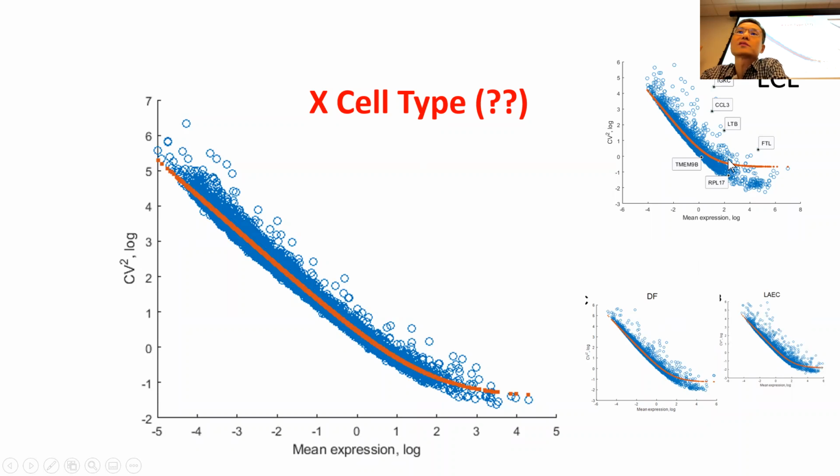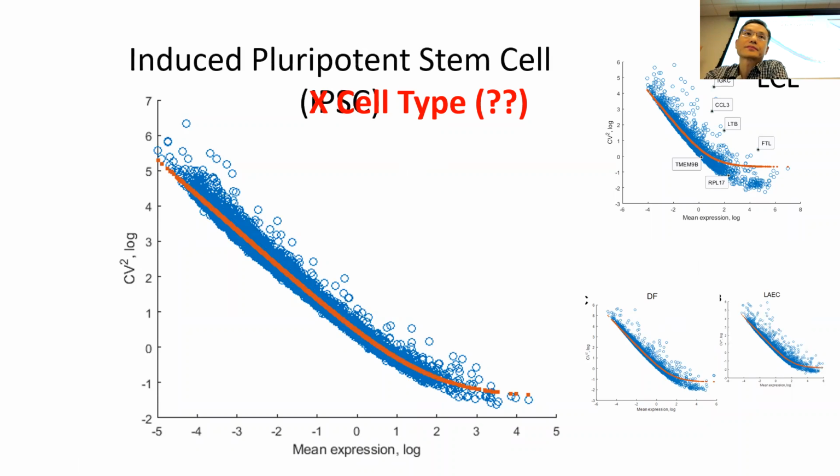In all those cell types, you see some highly variable genes. Well, in this one, all the genes follow the regression curve closely. There's no highly variable gene at all. Yeah, so these are the induced pluripotent stem cells, iPSCs.